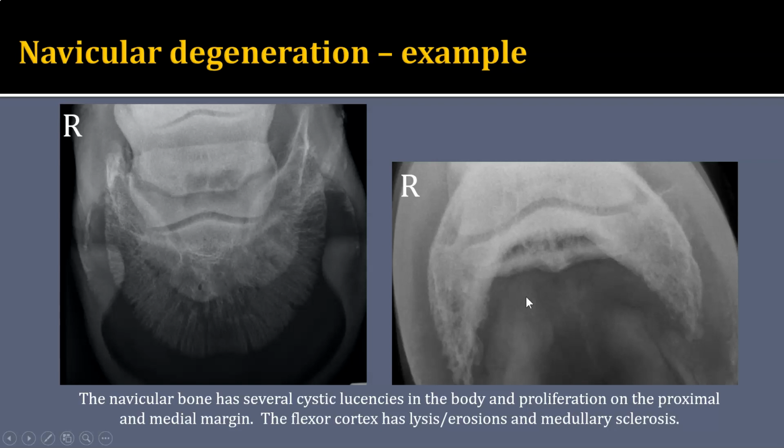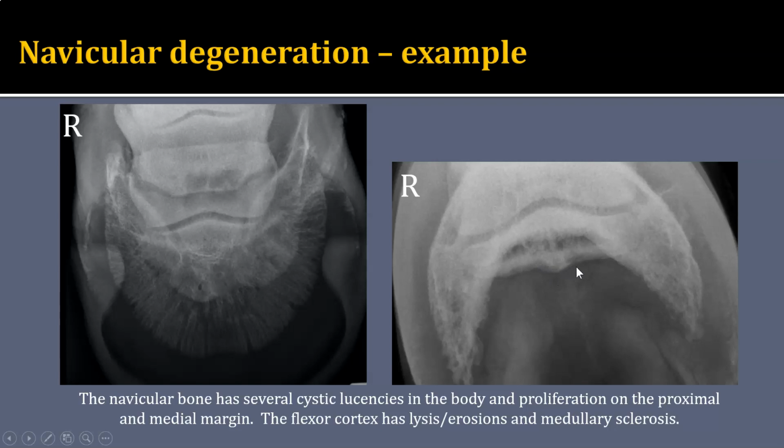And on our flexor skyline view, not only do we have kind of the changes of the medullary bone, so there's the sclerosis and some of these larger lucencies that we were noticing on other views, but this patient has pretty severe flexor cortical erosions and some alterations or flattening to that sagittal ridge as part of that.